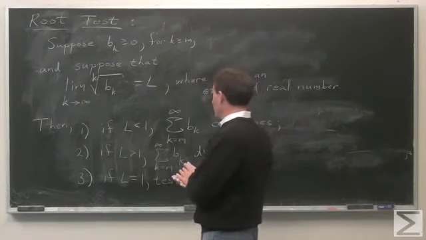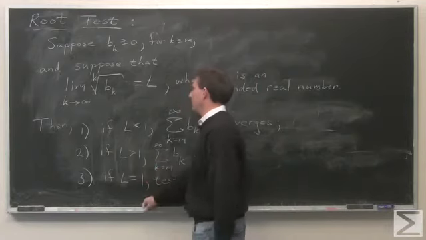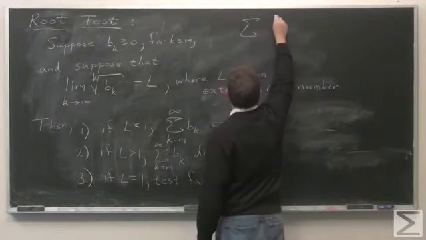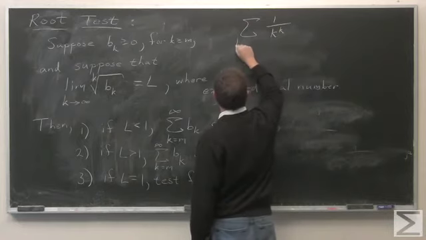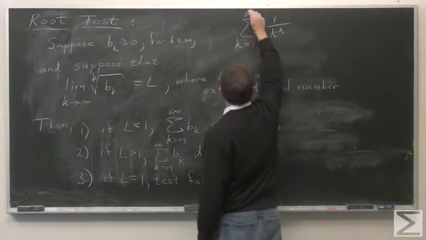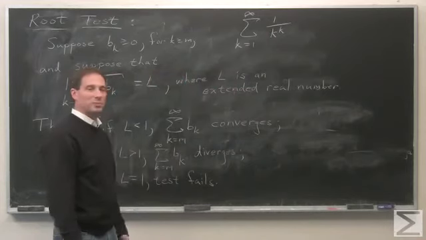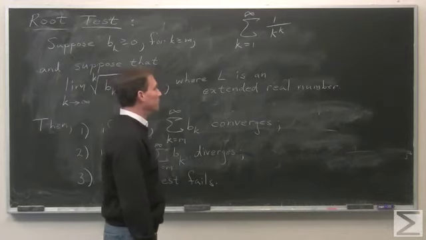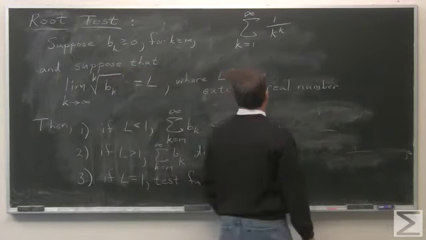I said I wouldn't do any examples, but although you shouldn't have to use it here, if you wanted to use it on a series like this, certainly you would. The ratio test here wouldn't be particularly nice. Of course, you could compare this with 1 over k squared, and this is smaller than that.